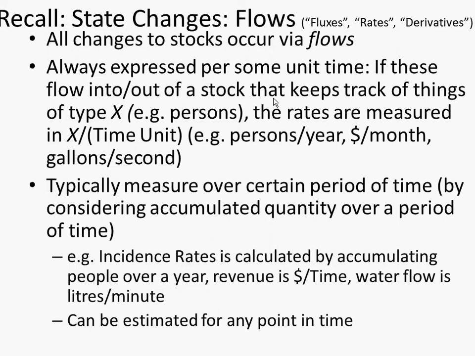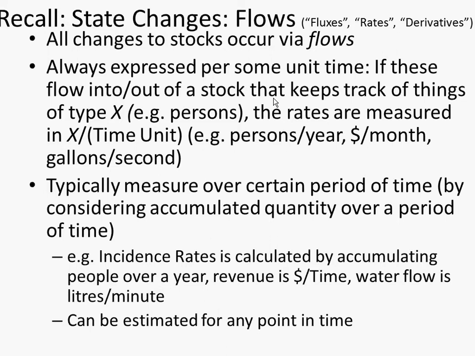And the value of a flow depends on what? The value of the stocks in the system. So the rates of flow are dependent on the current situation of the system as captured by the stocks, the current state of the system. We can use different terms for it.